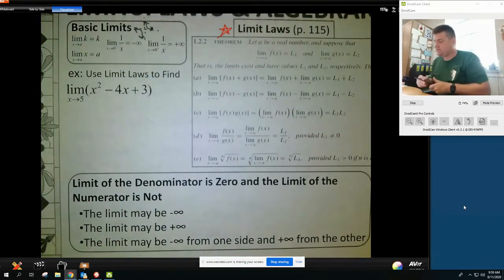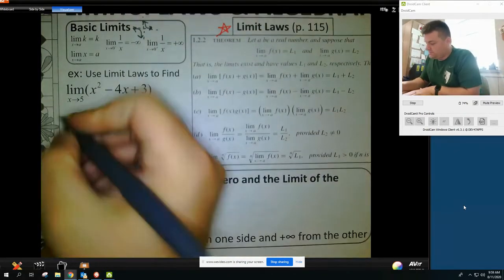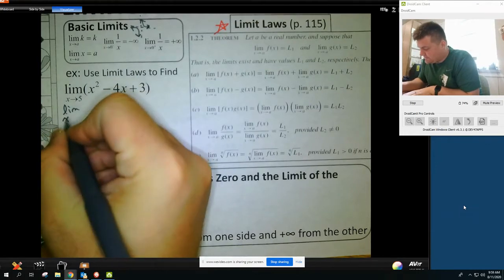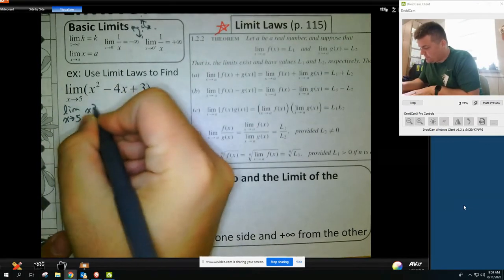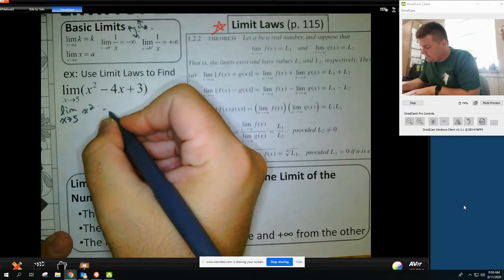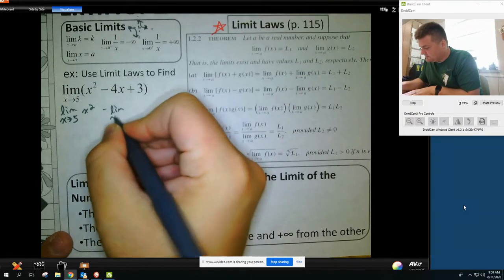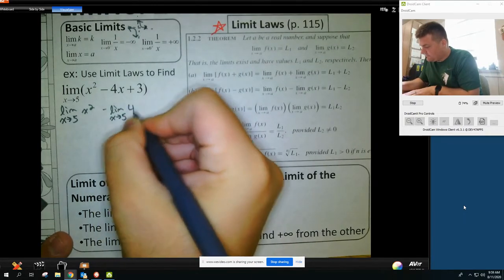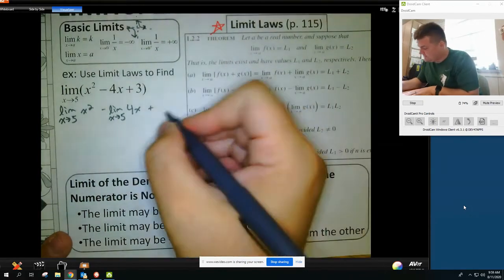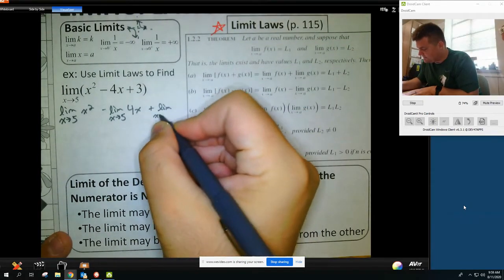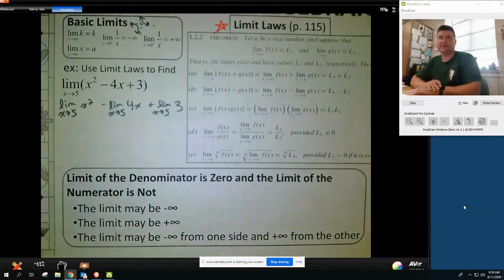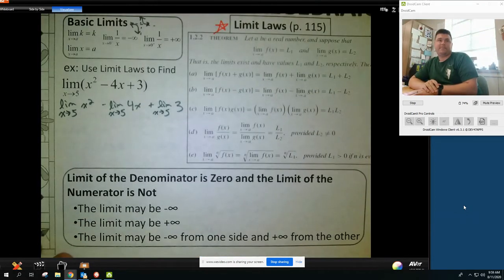But this asks to use the laws, so I'm going to split this up into the limit as x approaches 5 of x squared, minus the limit as x approaches 5 of 4x, plus the limit as x approaches 5 of 3. Okay?